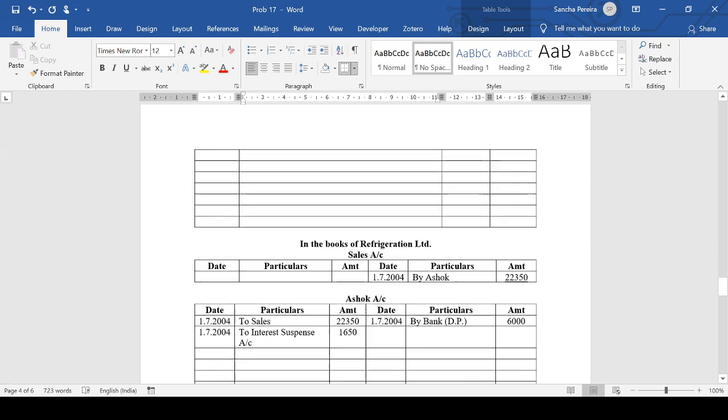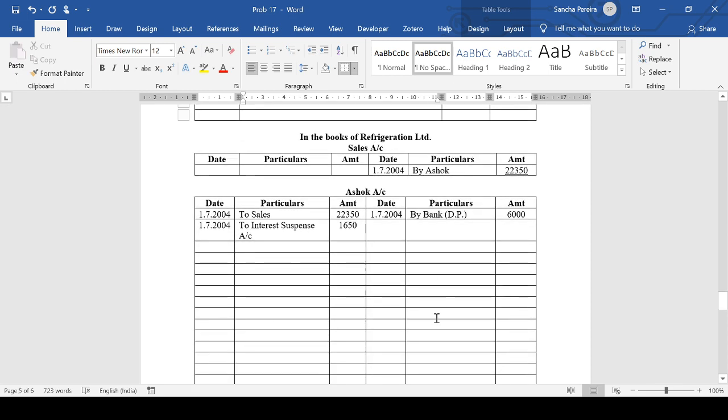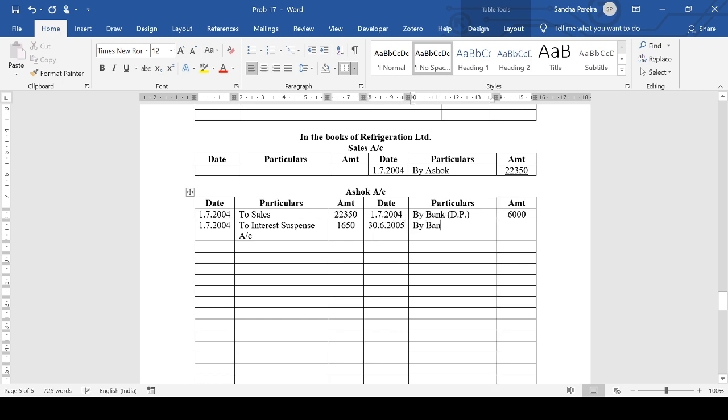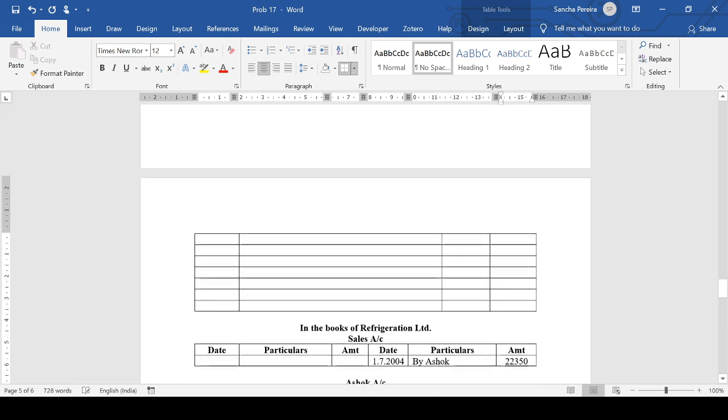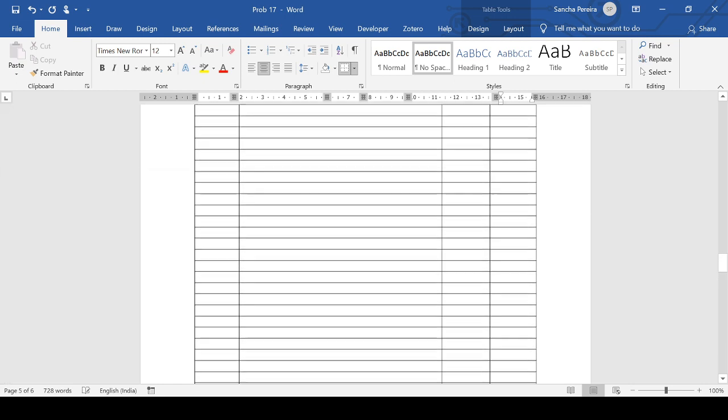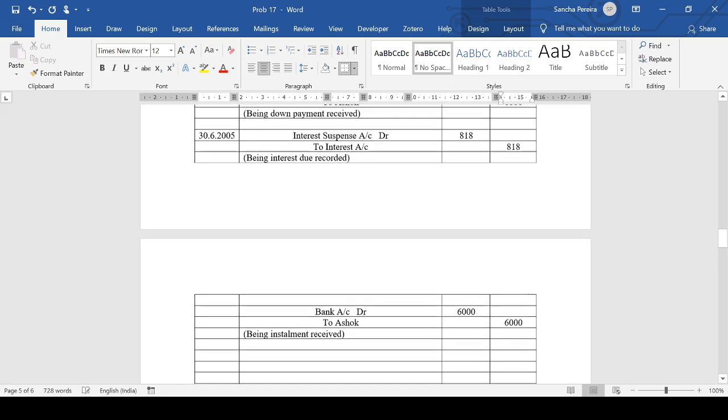So in Ashok's account, it will be on 30th June 2005 by bank installment, this is also 6,000. Then we would normally have a depreciation entry, but we don't have depreciation here because we are in the books of the seller. The seller does not charge depreciation.